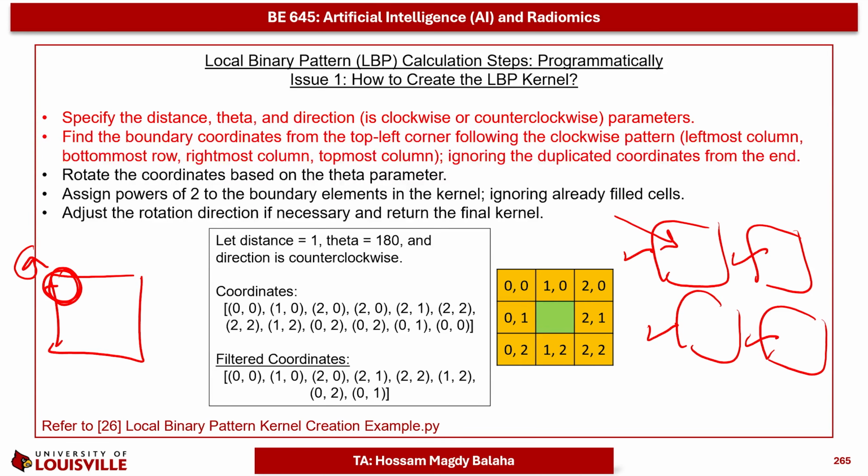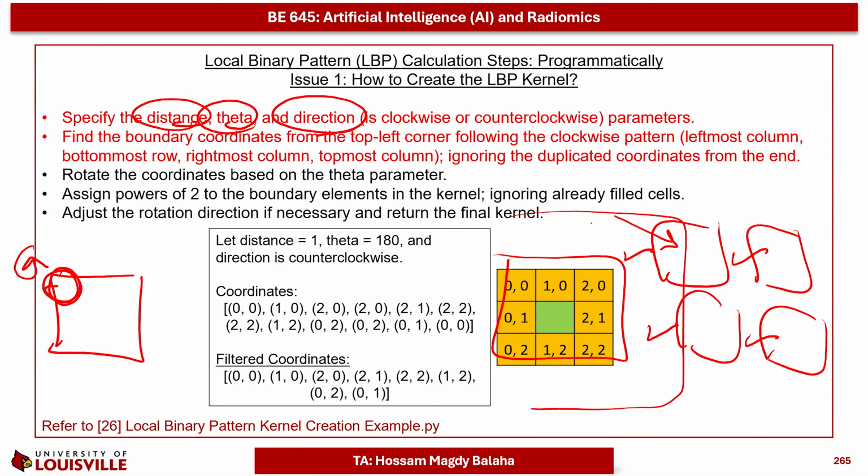So the input to the function that will create the LBB kernel will be the distance, theta, and direction. Distance means whether you need a 3 by 3 matrix or 5 by 5 matrix and so on. You are increasing the distance, and we will know later the effect of the distance on the output image.